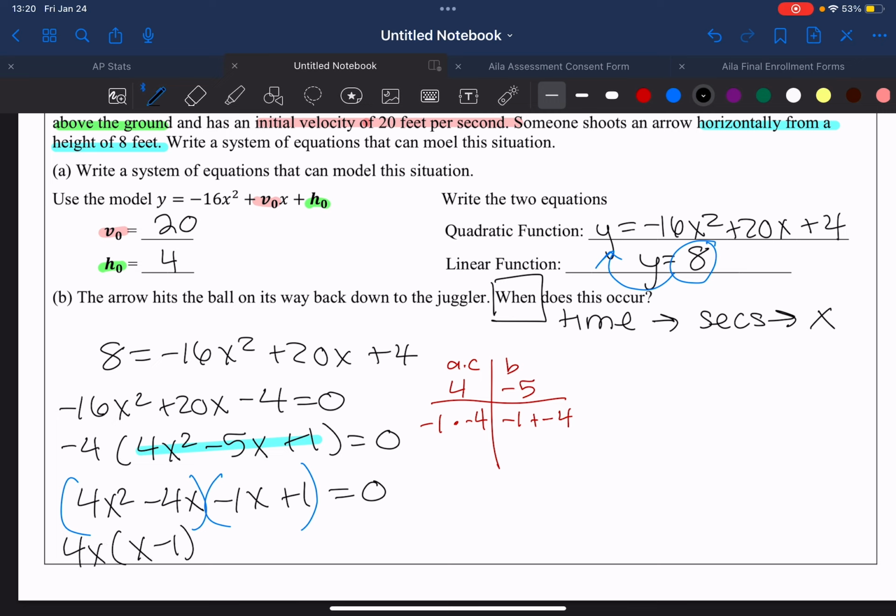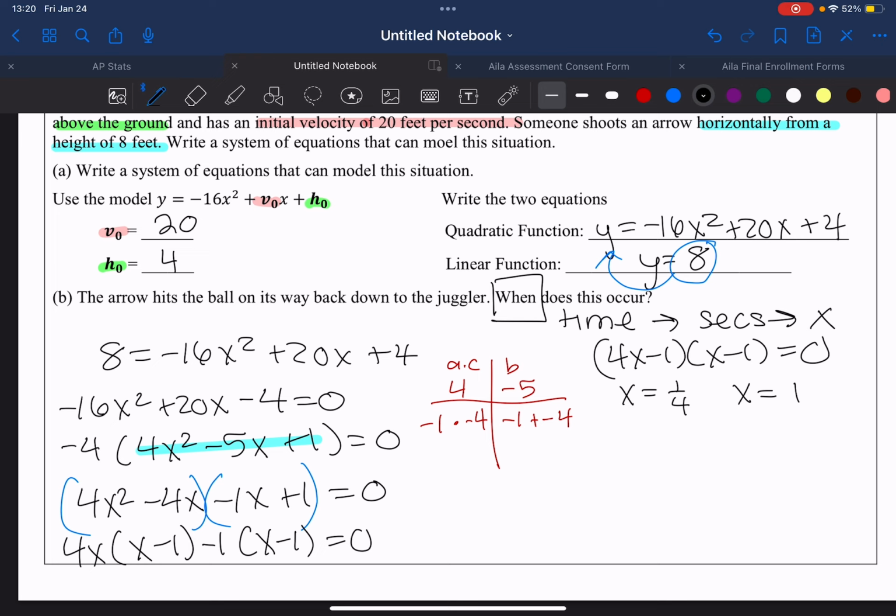And since I want my parentheses to match, I'm also going to take out a minus 1, so I get x minus 1, which means I have the factors 4x minus 1 times x minus 1 equals 0. And then I'm going to take these and set them separately equal to 0, which means I have x is equal to 1/4 and x is equal to 1.